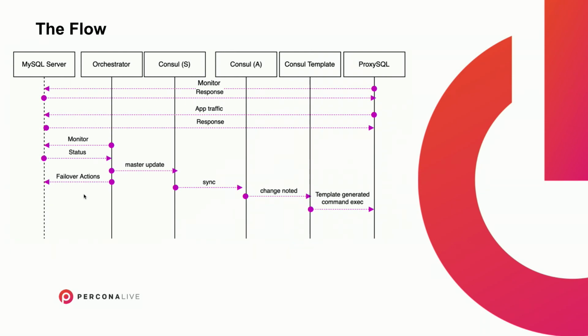Here is the flow diagram showing how the system works. ProxySQL monitors the MySQL server and gets the response from it. ProxySQL also serves the app traffic to MySQL and gets the response from there. Orchestrator monitors the MySQL server and gets the status. It updates the master to the Consul server, and Orchestrator also does the failover.